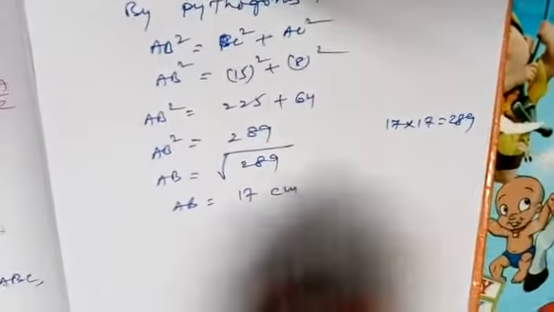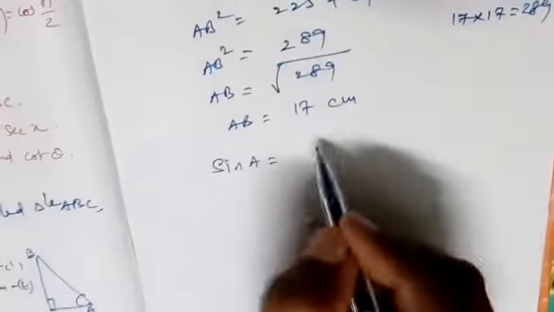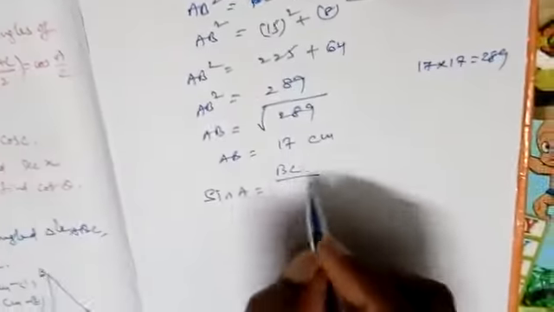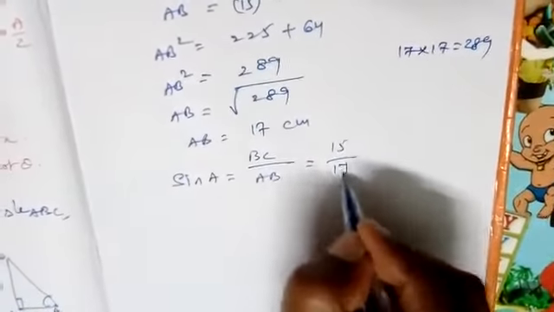So now we need to find out the value of sin A. Sin means opposite by hypotenuse, that means BC by hypotenuse AB. So BC is 15 and hypotenuse is 17.